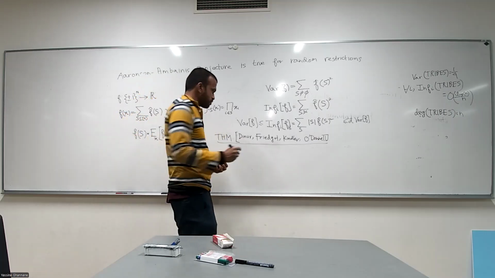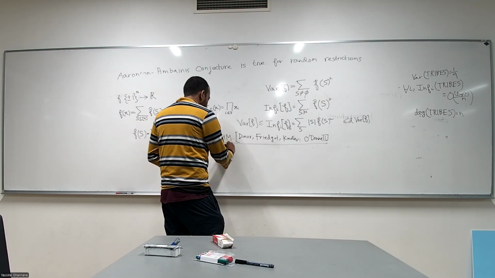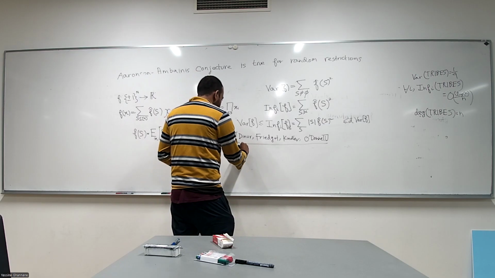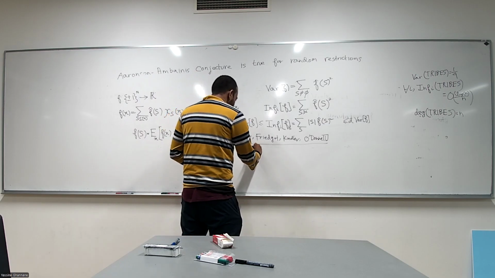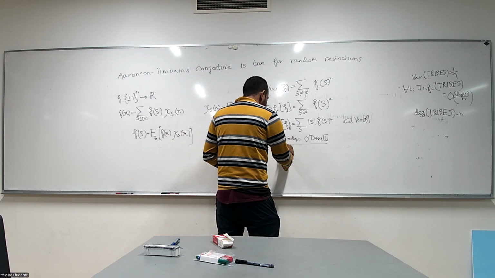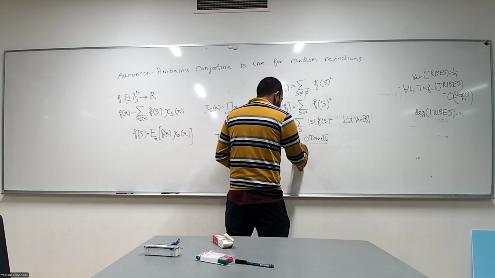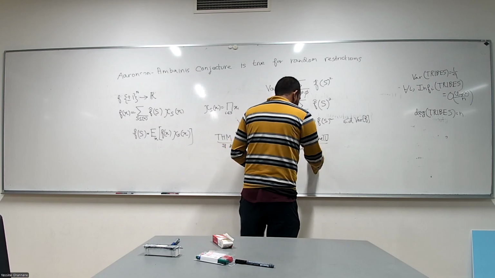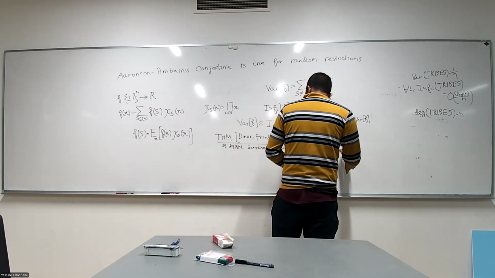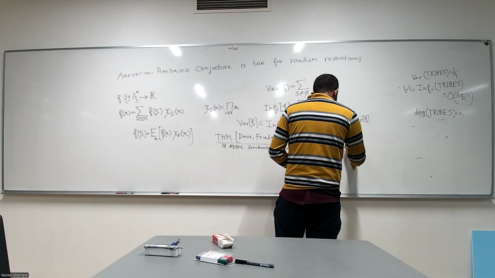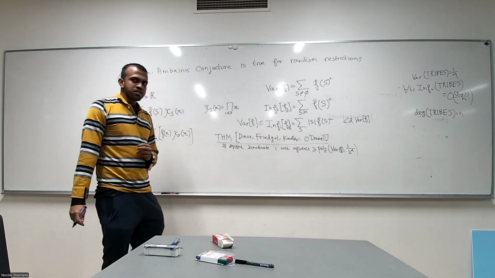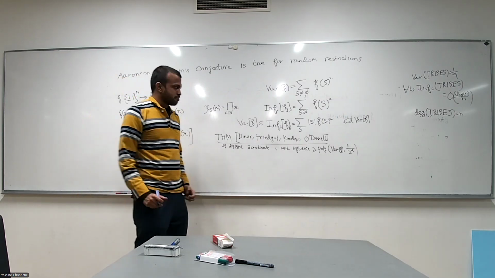Then I will state the actual theorem. So what we have is that the Aaronson-Ambainis conjecture is true if you replace 1 by d with 1 by 2 to the power d.